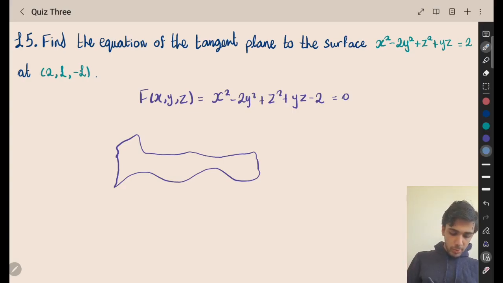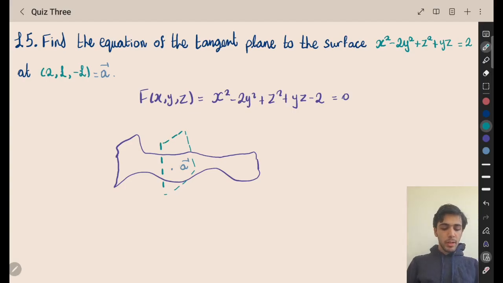Let's take a look at this point, maybe the point A is here. And we're looking at the tangent plane, which looks maybe something like this. So it's a tangent plane, and A lies on that plane.